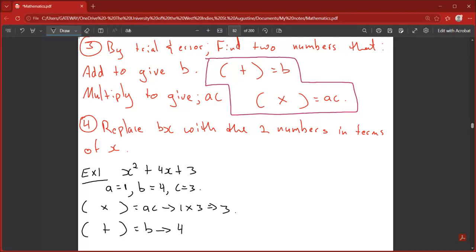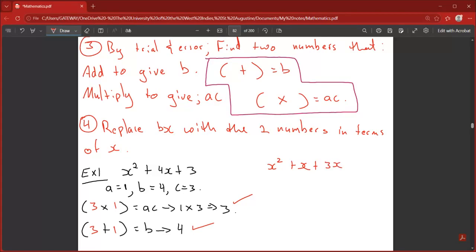Now you can look to get the numbers by trial and error. So look for two numbers that multiply to give you 3 and add to give you 4. I know 3 plus 1 is 4 and 3 times 1 is 3. So now we're going to write this as x squared plus 1x, or just x, plus, well, I could use the 3 now because it doesn't matter the order in which I use the 3 and the 1, plus 3x.